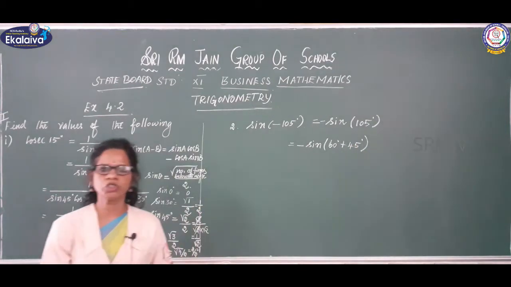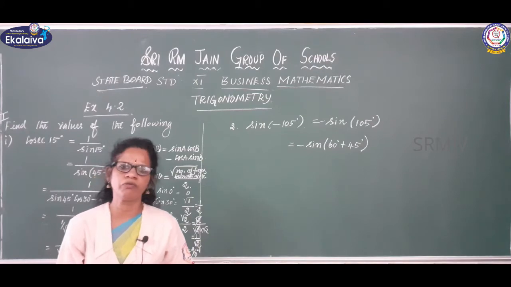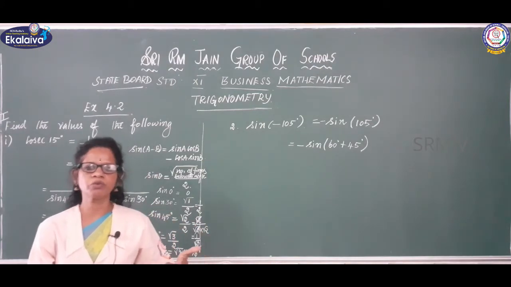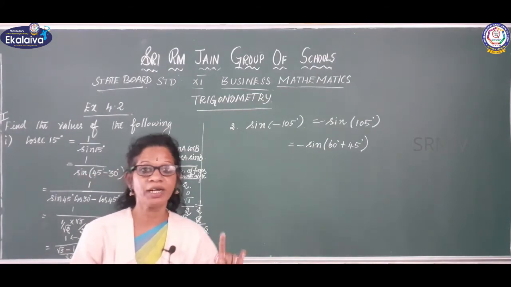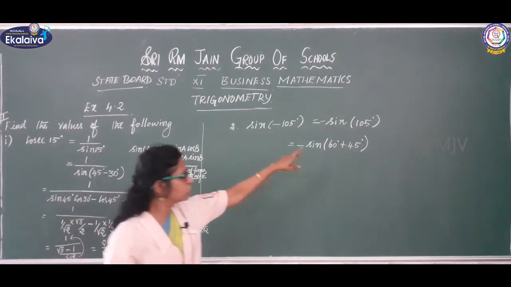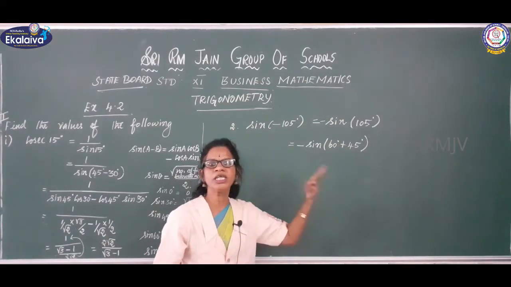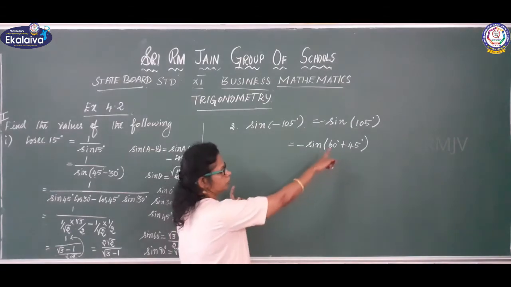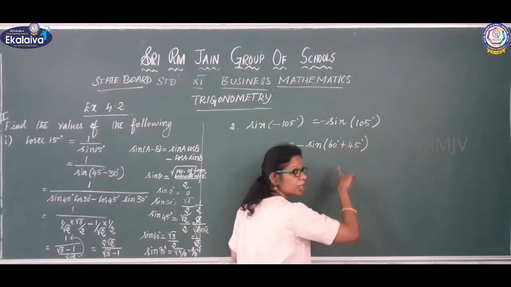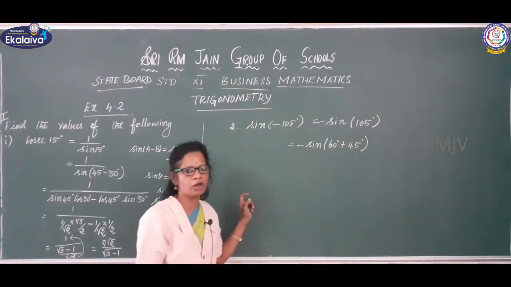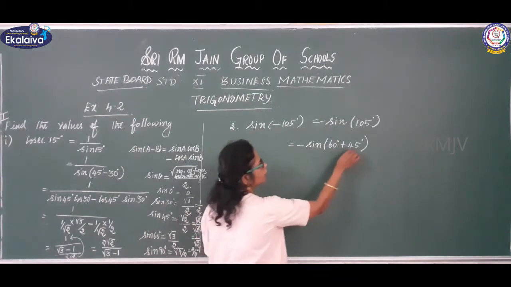You may raise a question, why can't we write 90 plus 15? If I write 90 plus 15, 15 I don't know the value, but 90 I know. So 60 and 45, both the things I know, right? When you write it in terms of sum or difference, you have to be very careful. 60 plus 45.